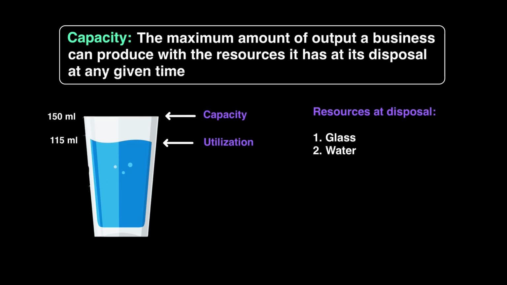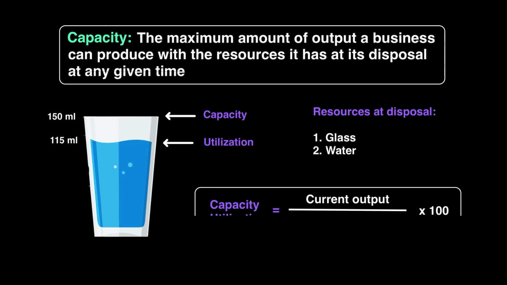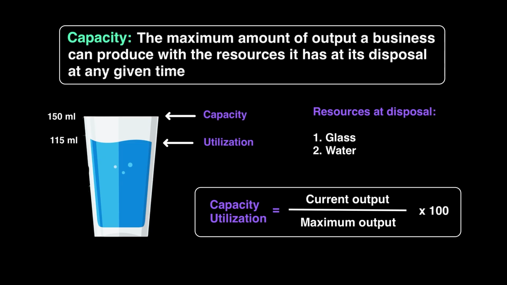If I wanted to simply find out what percentage of my glass is currently full, what I need to simply do is use the formula of capacity utilization, which looks like this. And this is basic math we would have seen in arithmetic earlier on in our earlier grades. So in order to figure out how much of the capacity is being utilized, I use this formula of current output, which is of course my utilization level, 115, and my maximum output, which was my capacity.